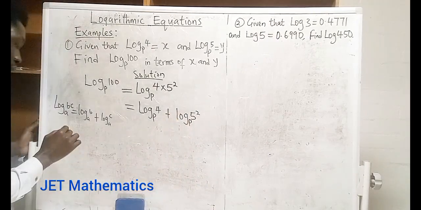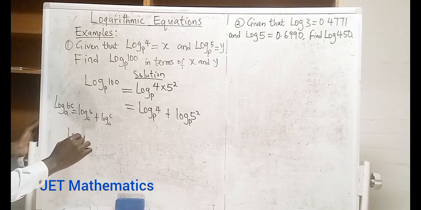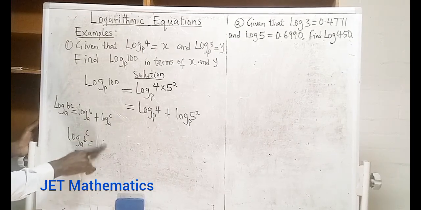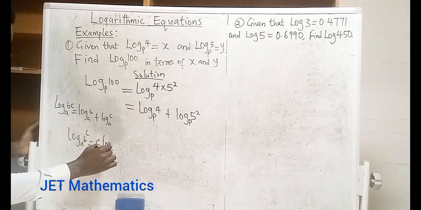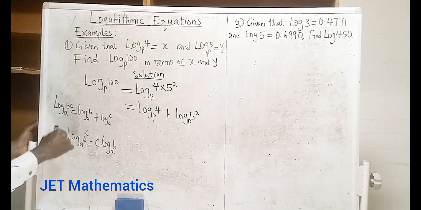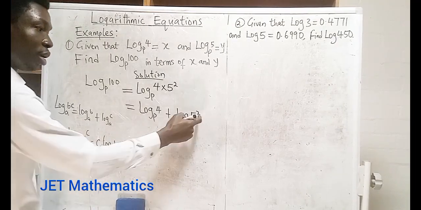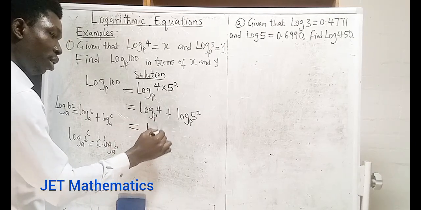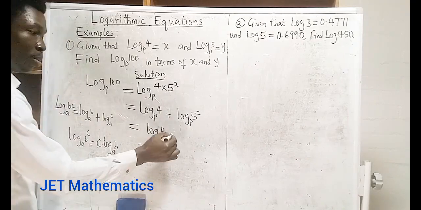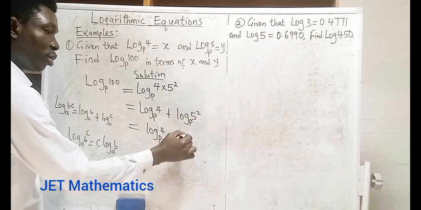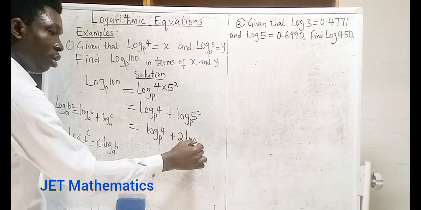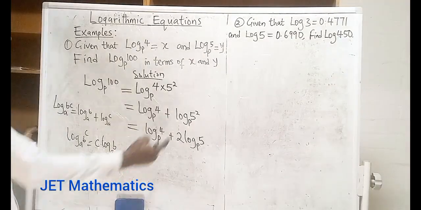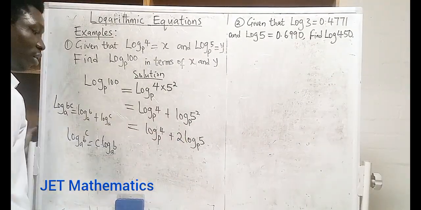And then from the law that says if you have log a b to the power c, you can write this as c log a b, the power can just come to the front and multiply. So this becomes log 4 to base p, plus 2 times log 5 to base p. So the 2 comes here, and then we have this.